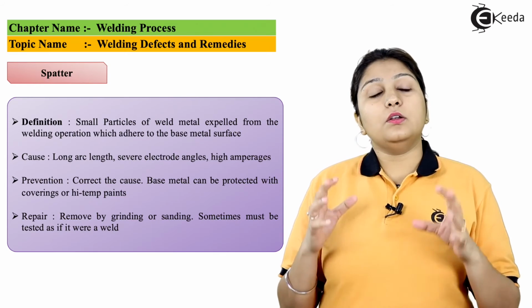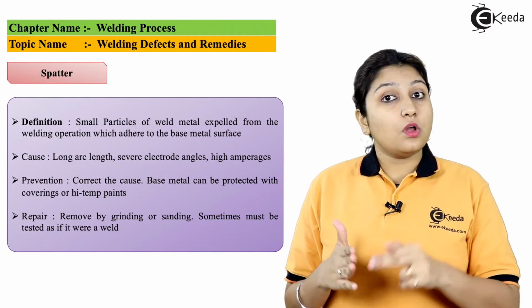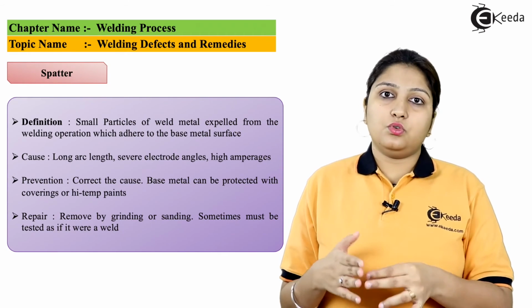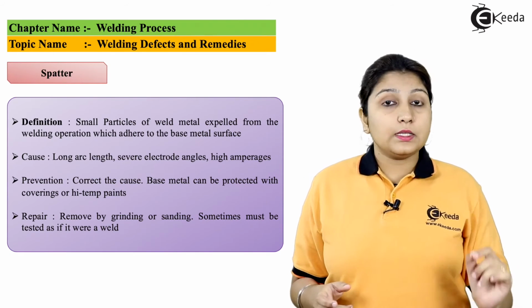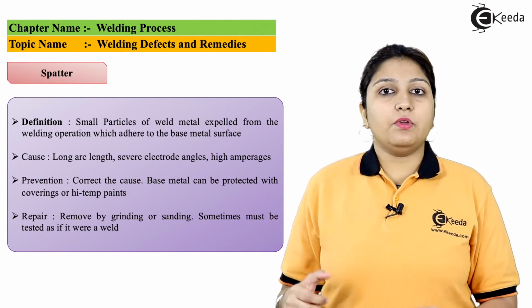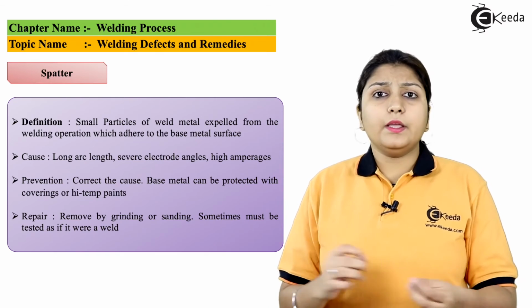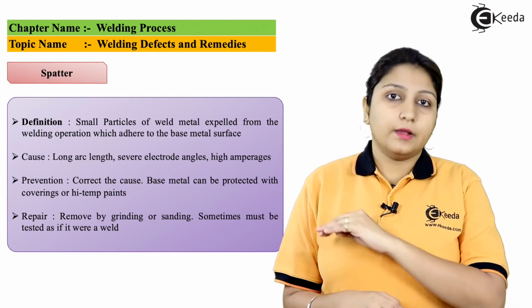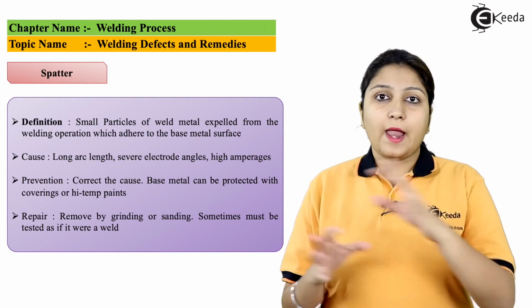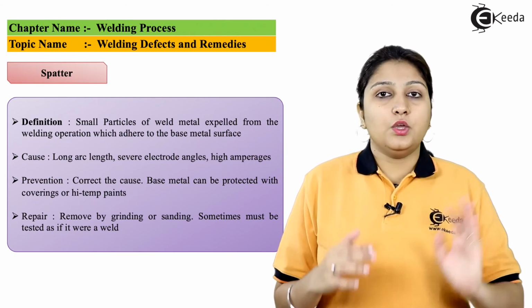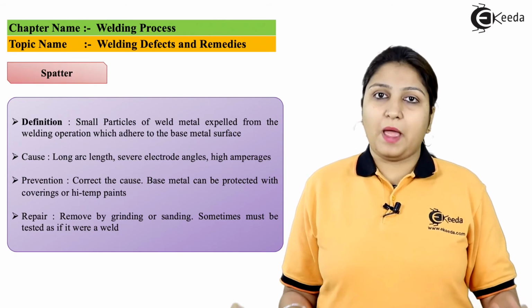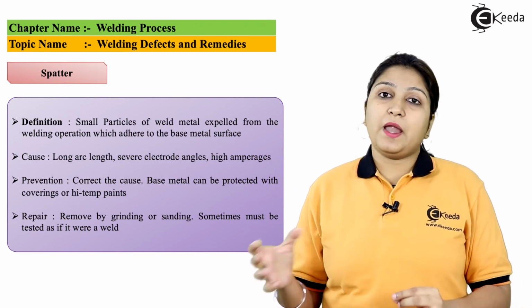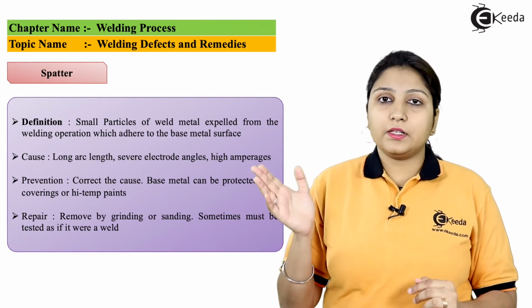So spatter occurs generally when your arc is not close to your exact welding position. This can be easily avoided by giving proper weld and by grinding. If spatter is on the additional surface which is already finished, you can just grind it and remove it. In this way, spatter can be avoided to some extent.